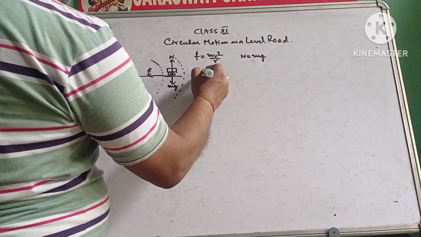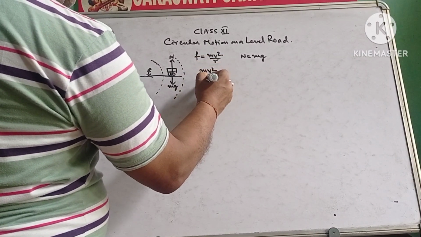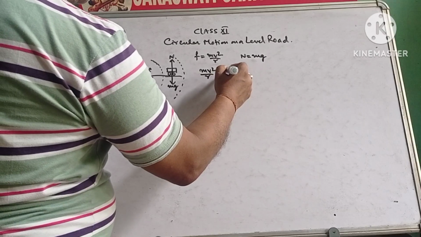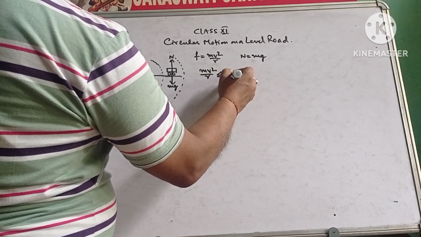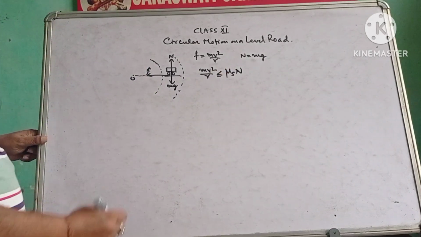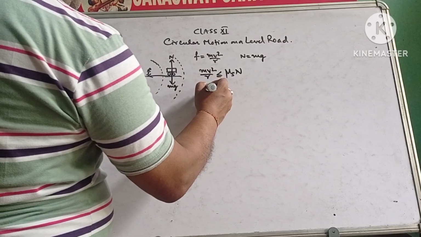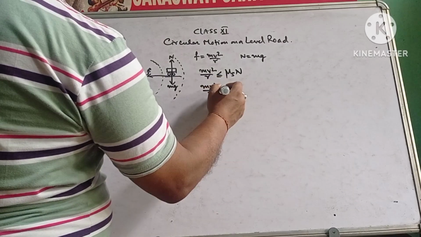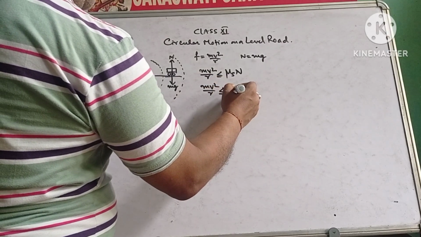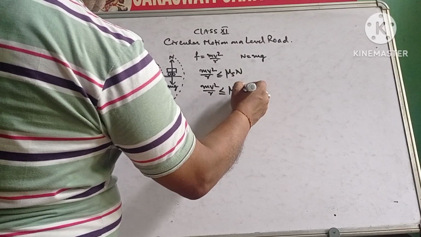This centripetal force must be less than or equal to static friction. So here mv square by r is less than or equal to coefficient of friction into mg.